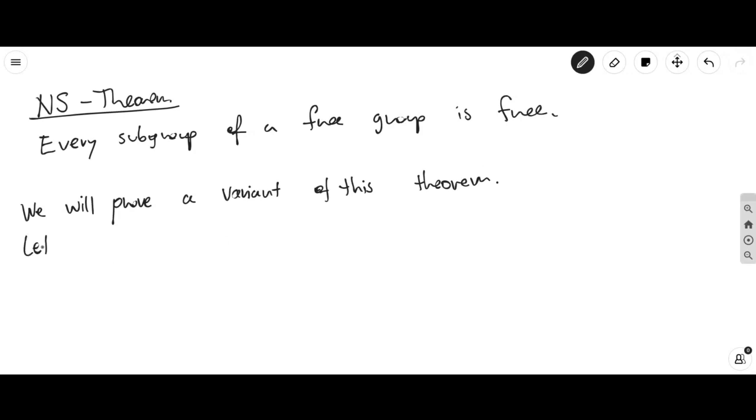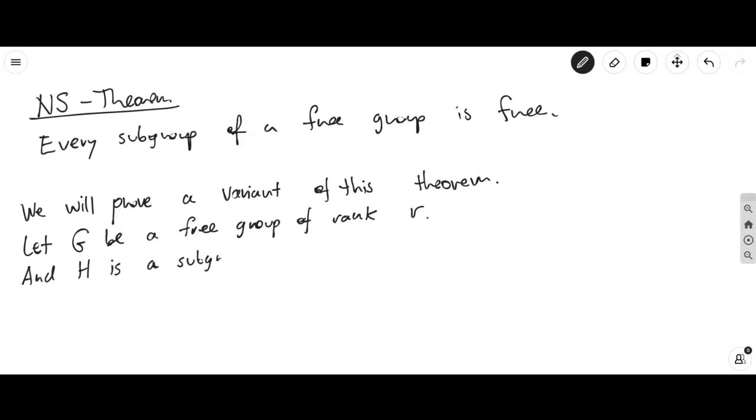Let G be a free group of rank, let's say R, and H is a subgroup of G of index, let's say index D.